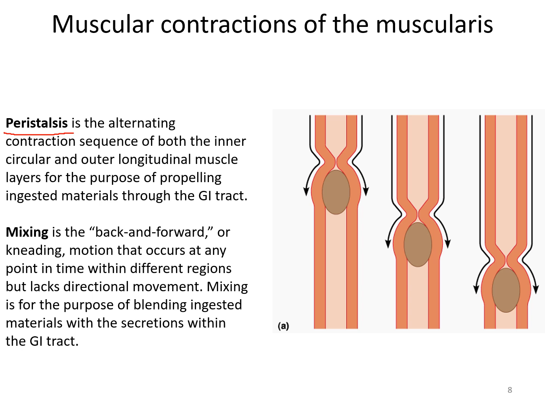It's starting at the top, it's moving down, and that's how we move the material from point A all the way towards the anus. Mixing is the back and forth or kneading motion that happens, and the point of that is just to mix the chyme with the different digestive enzymes so we can get maximum digestion.